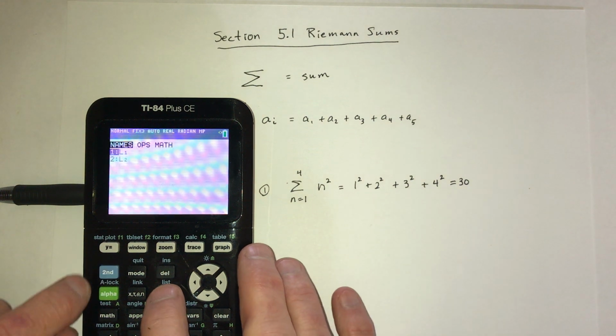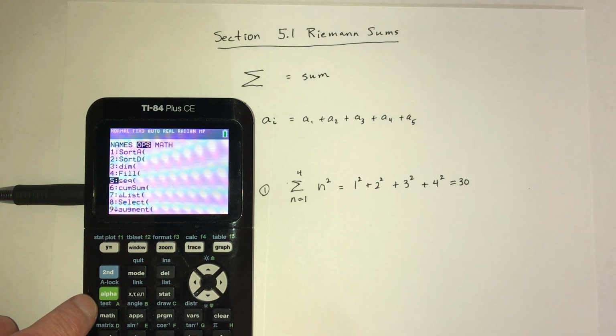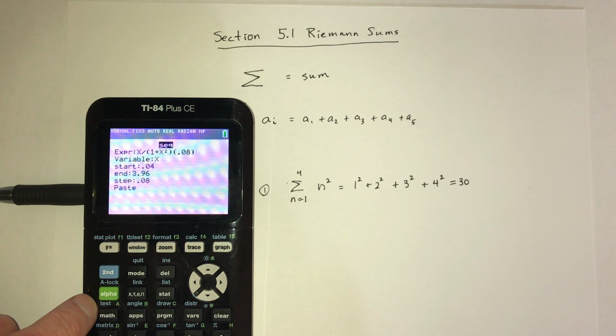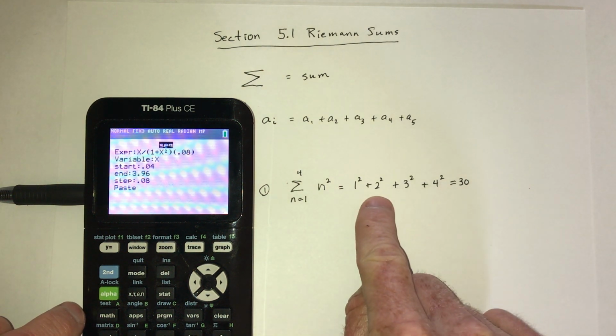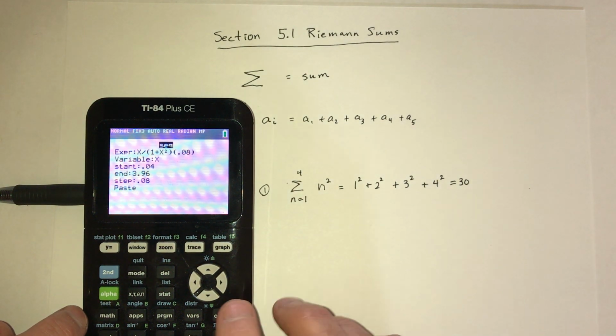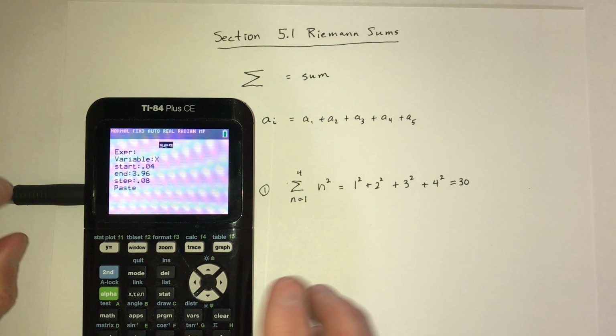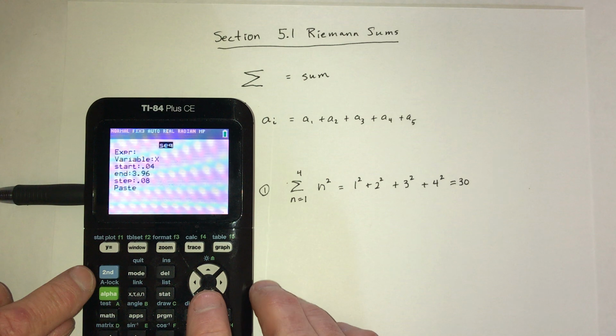Then you go to second list, move over to operations, and number 5 will be the sequence. So the sequence part is going to make the actual 1 squared, 2 squared, 3 squared, etc., and then the sum will add them up. Now if your calculator doesn't look like this right now, you're going to have to type it out yourself, which I'll show you in just a moment.